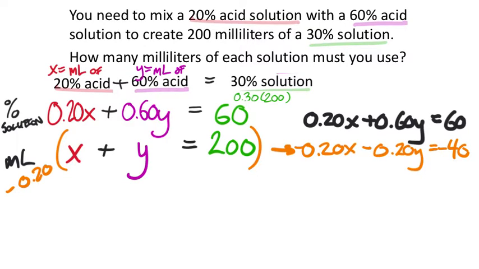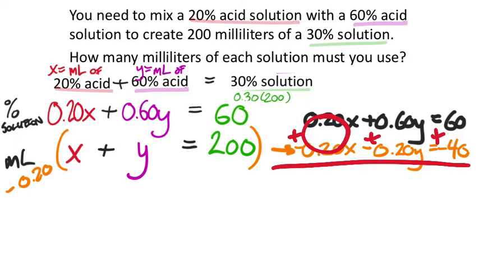From these two equations, if I add them together, and add all of the columns together, that will eliminate these x's. So I got 0.60y plus negative 0.20y, which is 0.40y, which equals 60 plus negative 40, which is 20.